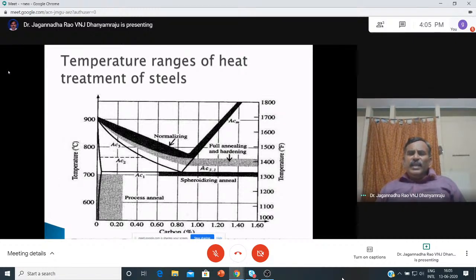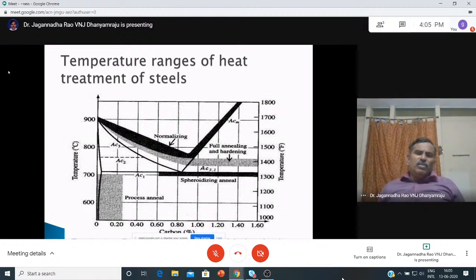So in this region, at higher temperature, you have gamma and cementite, and the presence of cementite makes it very brittle. That means you start cooling from a brittle region, so the steel will become brittle in the case of hypereutectoid steels. So that is why they are not heated over the ACM line. They are heated over the AC31 line. Right? So that is the full annealing temperature of hypereutectoid steels.